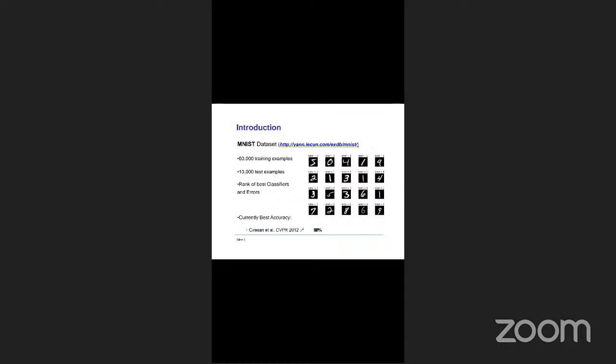Let us take the MNIST database. It has 60,000 training examples and 10,000 test examples, and the idea is to match the handwriting that is given and give the correct digit in the test pattern.